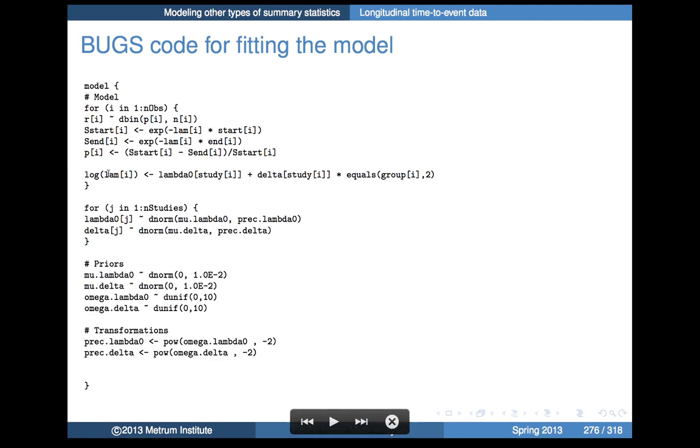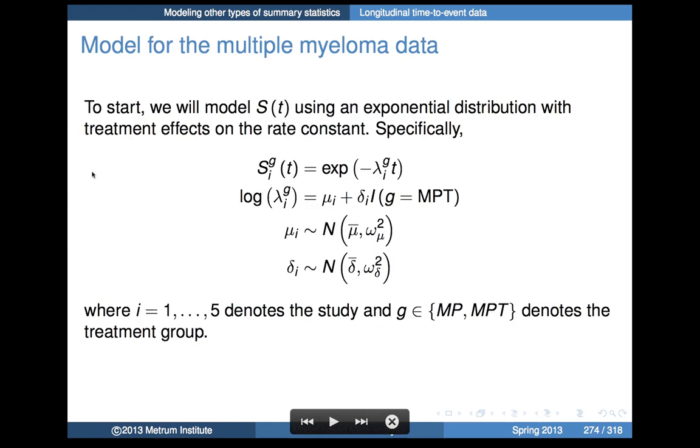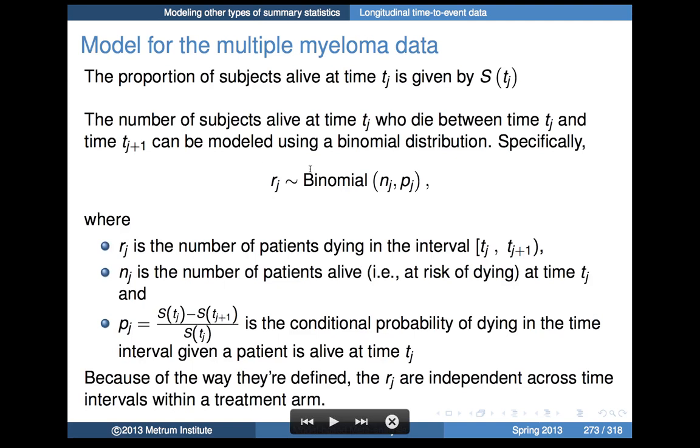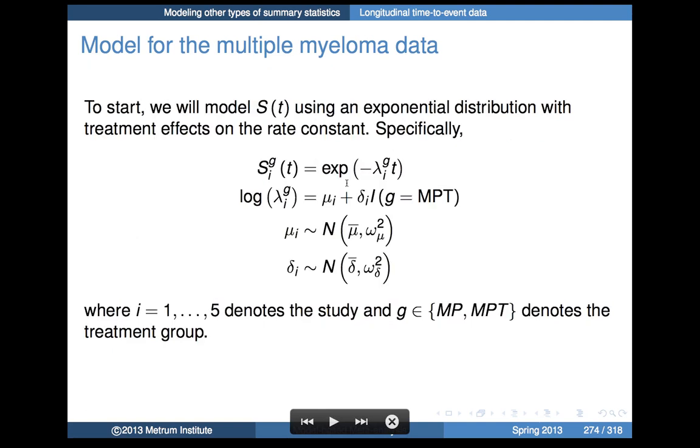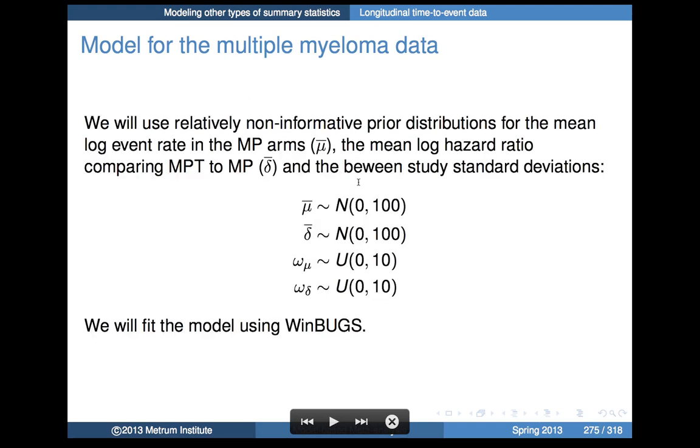And just as before, we have our same sort of model here for the log of the lambdas. So this bit of code is just defining this binomial likelihood in the first two lines of the model.